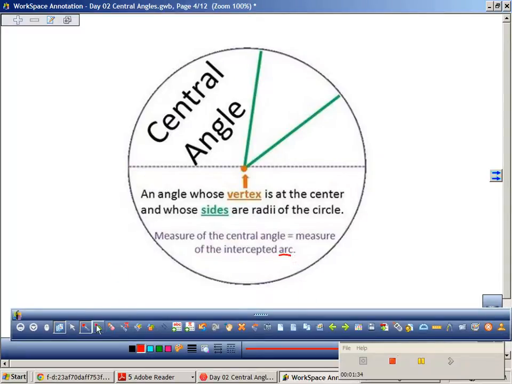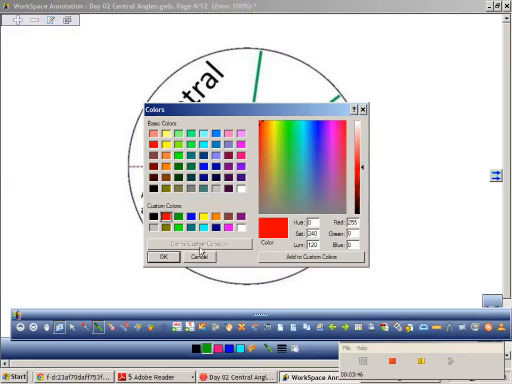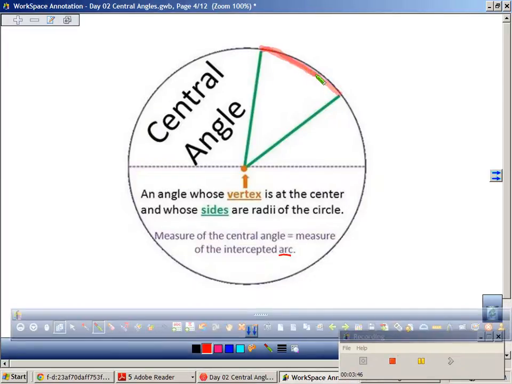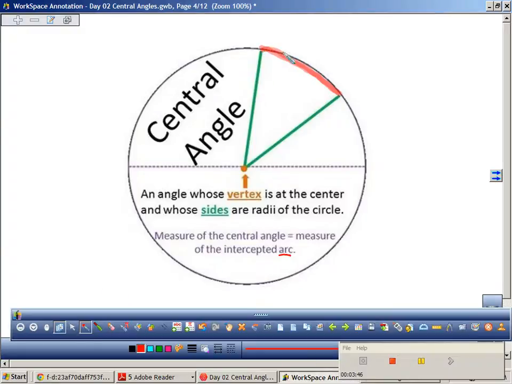An arc, I'm actually going to use my highlighter on this one. This would be the intercepted arc right here. I'm going to try and make that look as nice as possible. This would be the intercepted arc. Intercepted because the angle is intercepting right here.